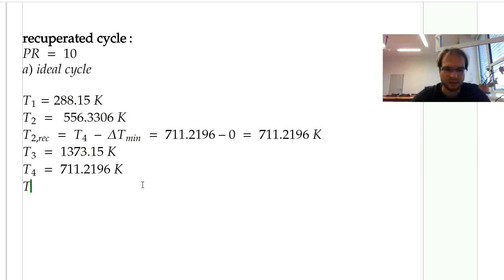And finally, the temperature at the outlet, temperature 5, after the recuperative heat exchanger, is the temperature at the point 2 plus the minimum temperature difference. And since the minimum temperature difference is 0, it will be the same as the temperature at the point 2.